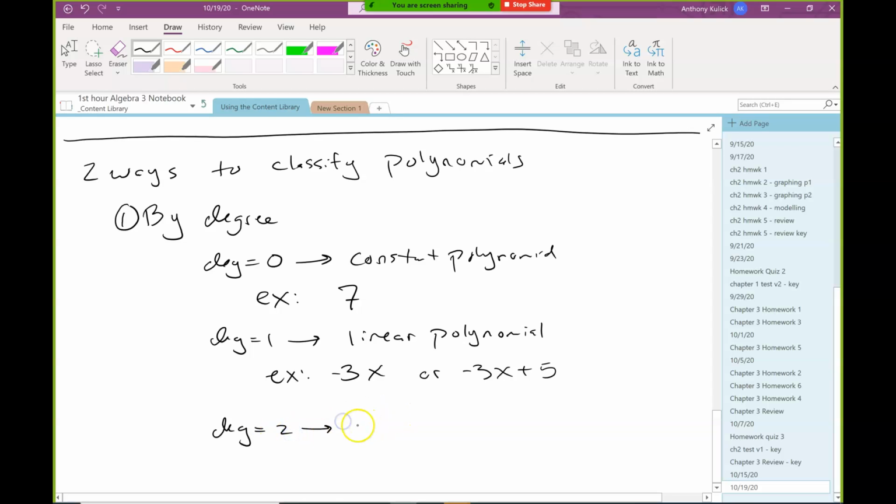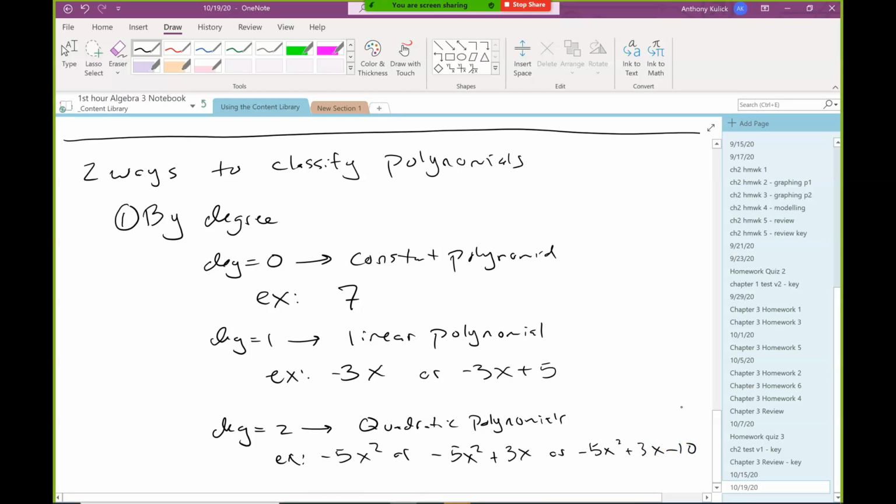If it's a degree 2, we call this a quadratic polynomial. So for example, negative 5x squared, or you could have negative 5x squared plus 3x, or something like negative 5x squared plus 3x minus 10.